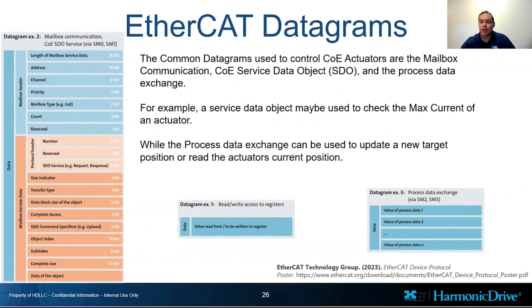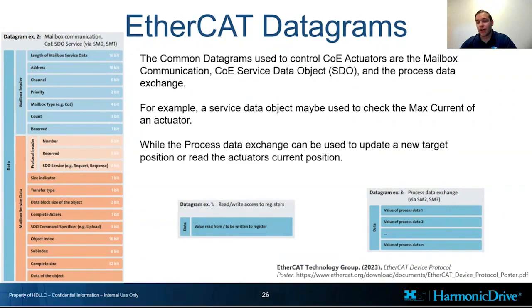What is its current position? This type of information is helpful to understand what's going on when you have a fault, or if you needed to troubleshoot what specifically is going wrong with this node. Those are the two places I would look, whether it be understanding your process data objects or looking in depth into your service data objects.